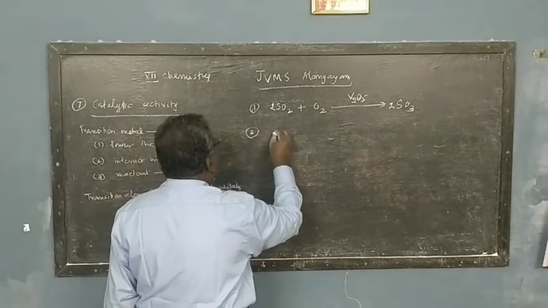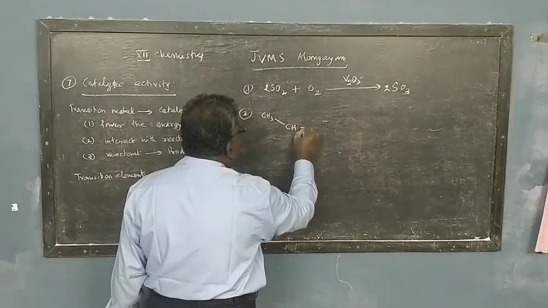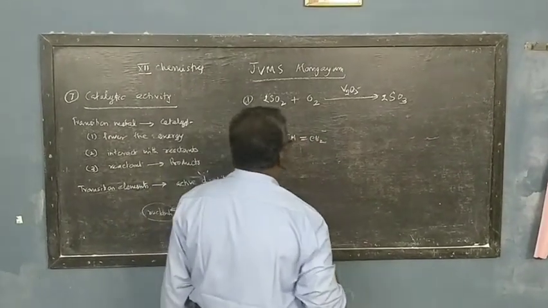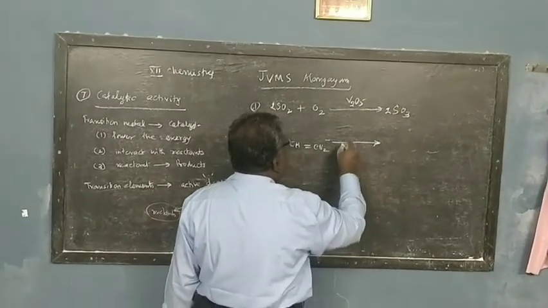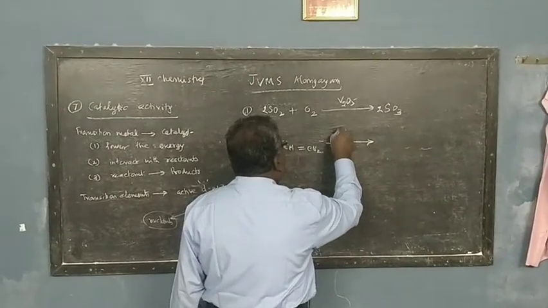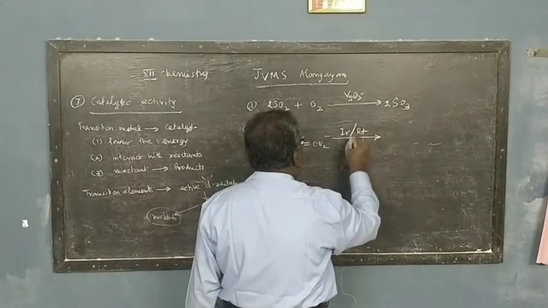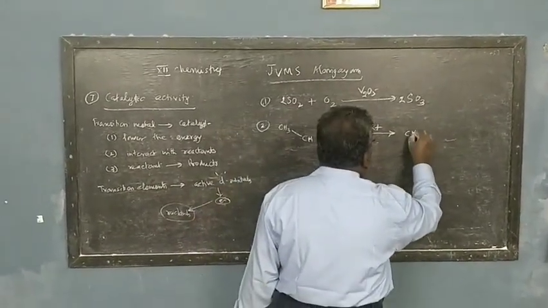Then we have propene, right? Propene reacts in the presence of catalysts like iridium and ruthenium with carbon monoxide, and it forms 2 aldehydes.